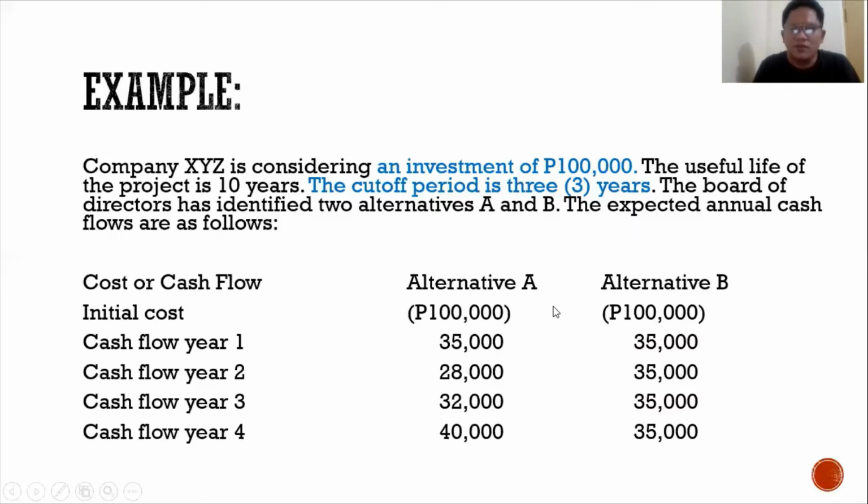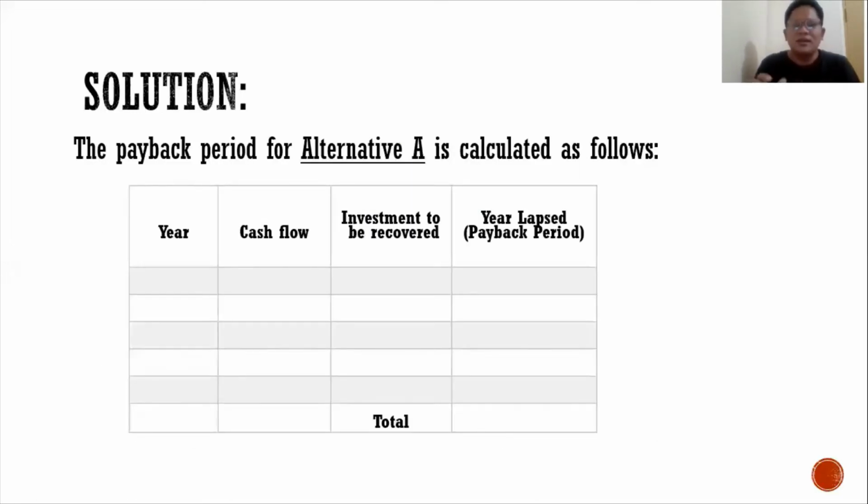We will focus now on alternative A. If we have uneven cash flows, the best way to compute the payback period is to create a table where you have your year, cash flows, investment to be recovered, and year lapse, as you can see on the screen.